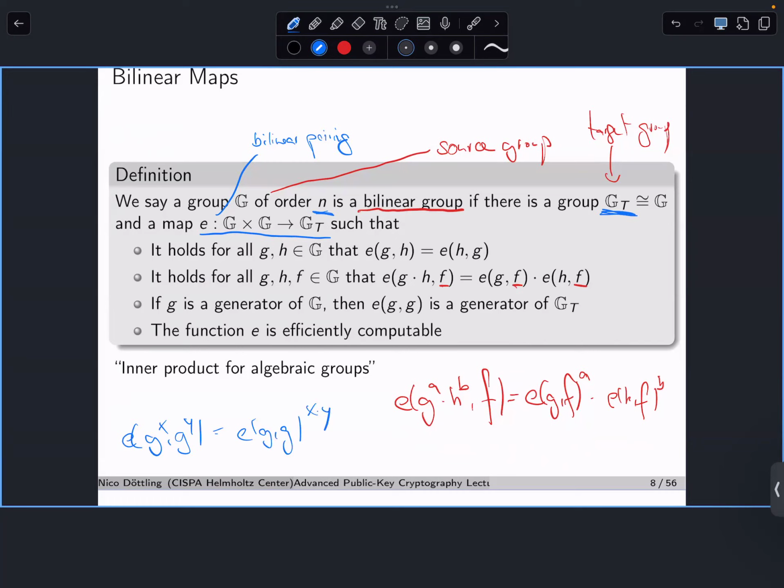This follows immediately from the linearity and symmetry property, right? So e of g to the x comma f is the same as e of g, comma f, and so forth, x times.